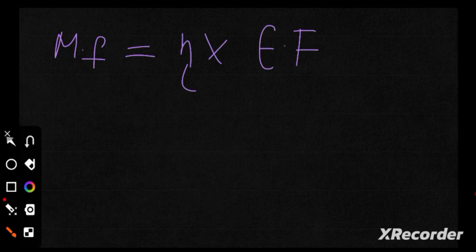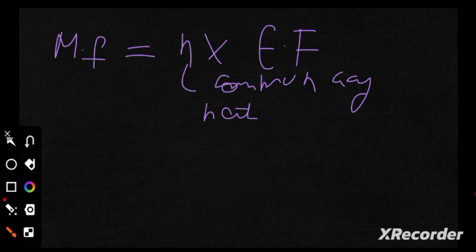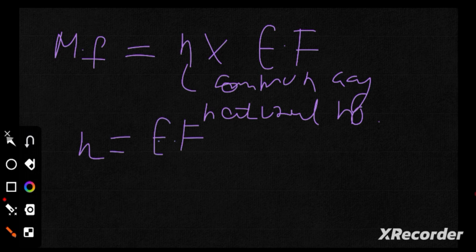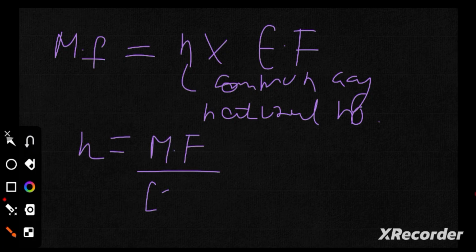Here N is a common natural number, okay, it's a common natural number, and this N is equal to the molecular formula divided by the empirical formula.